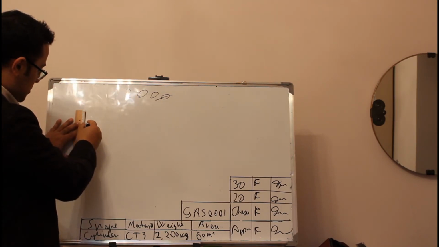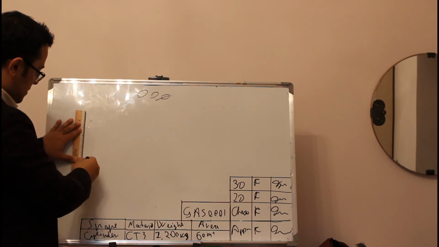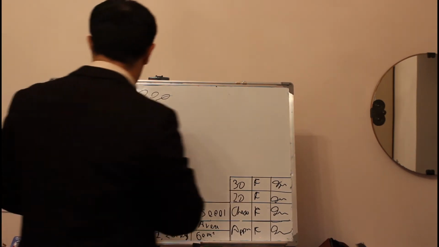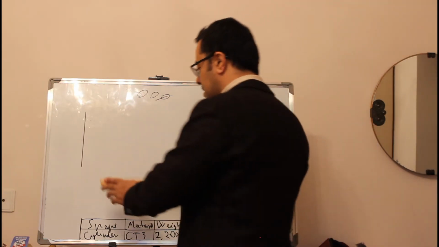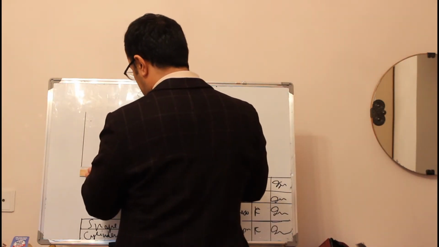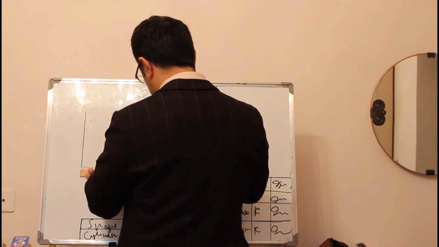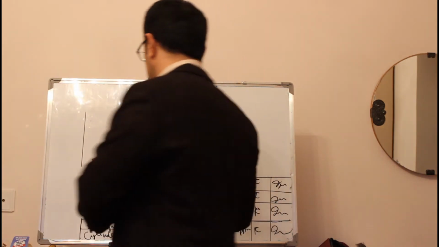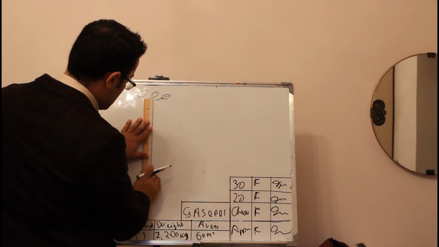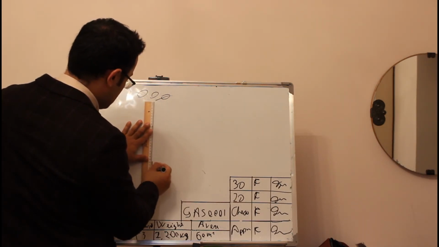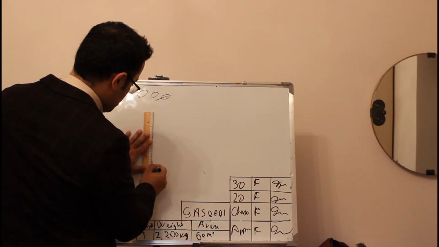So I draw something like this. And I know that its diameter is 2500, so it will be 250 millimeters here. So it will be something like this, 250, and we go up, sorry, 200.